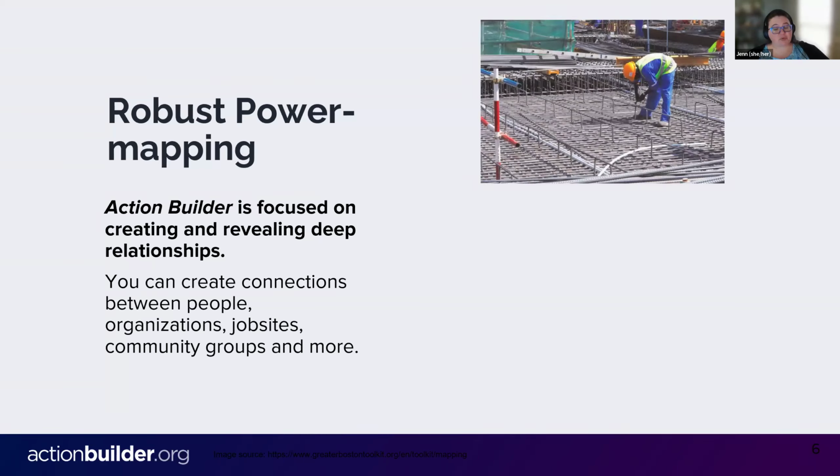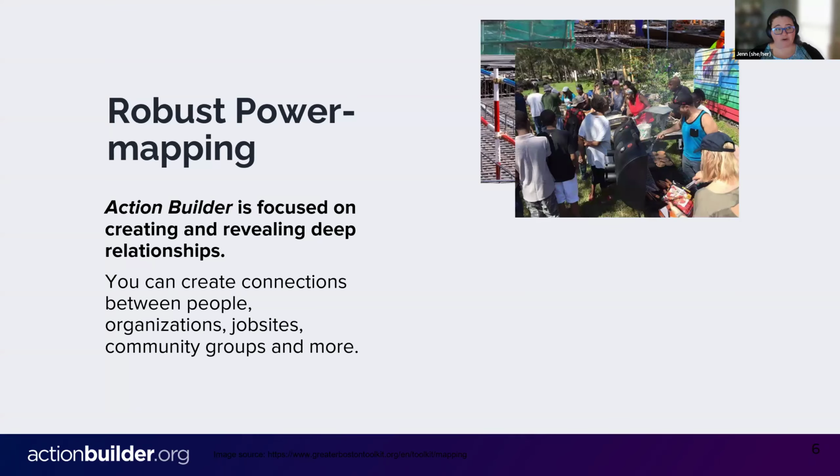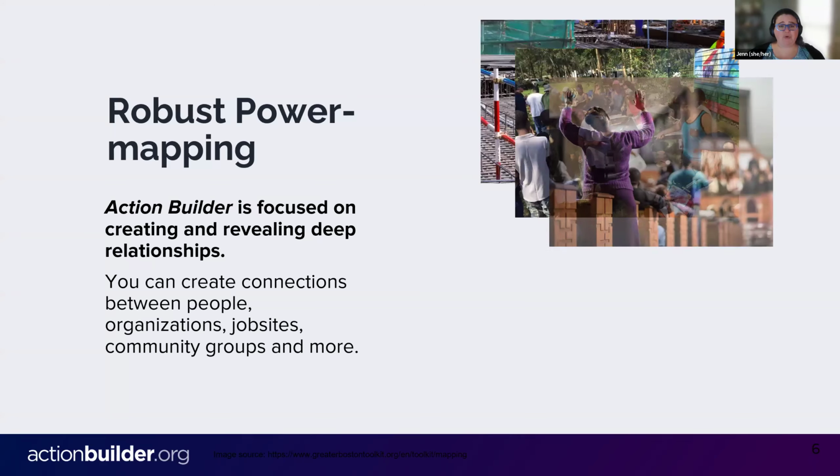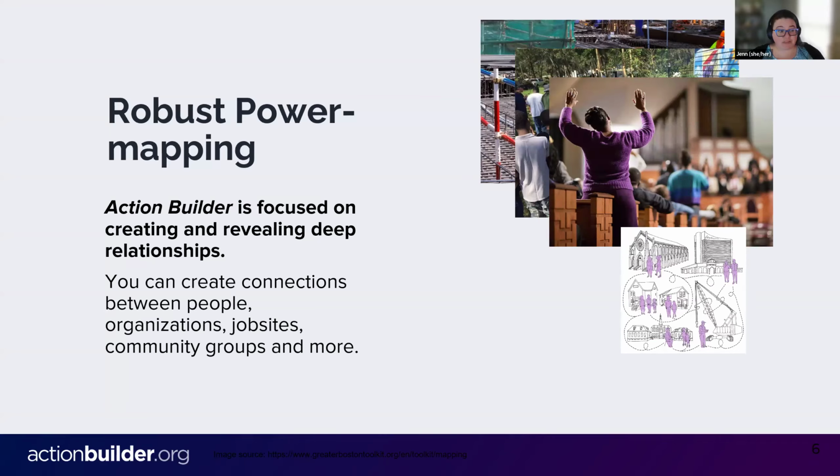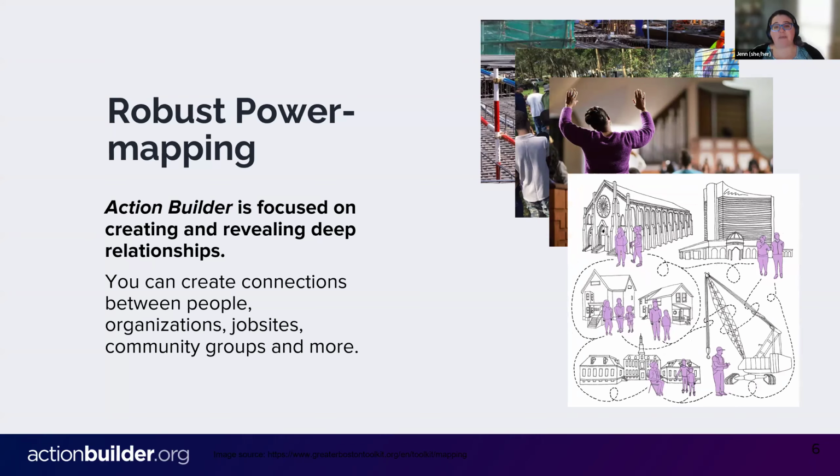So you can keep track of where your folks are, who they know, how those relationships develop, who is a natural leader, and how can you develop them within your campaign, and how can you recruit people who are potential leaders that you see developing based on those connections. You'll hear me say this a lot over the next half hour, but this is one of my favorite things about Action Builder.